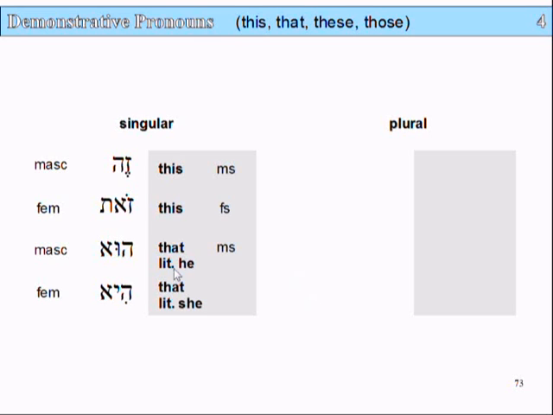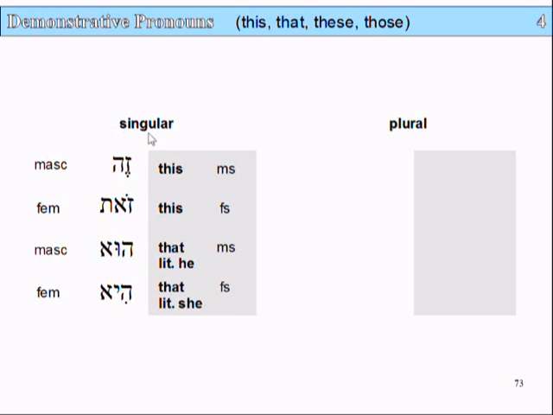Just like the masculine word for that is the word for he in Hebrew, the feminine version of that is the word she, and in Hebrew that's the word hey, chirek yod aleph, or hi. Hi. That's a feminine singular.